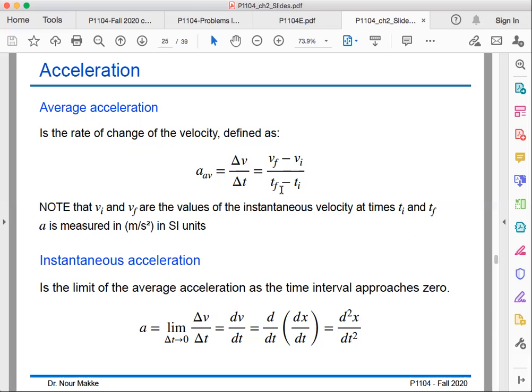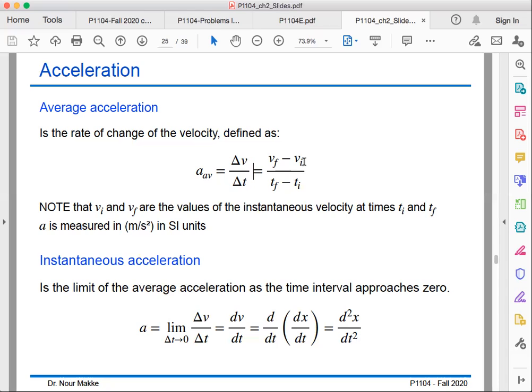Now note that v_i and v_f are the values of the instantaneous velocity evaluated at time t initial and t final. So this v that appears here is nothing else than the instantaneous velocity evaluated at the time t_f, and this is the instantaneous velocity evaluated at the time t_i.